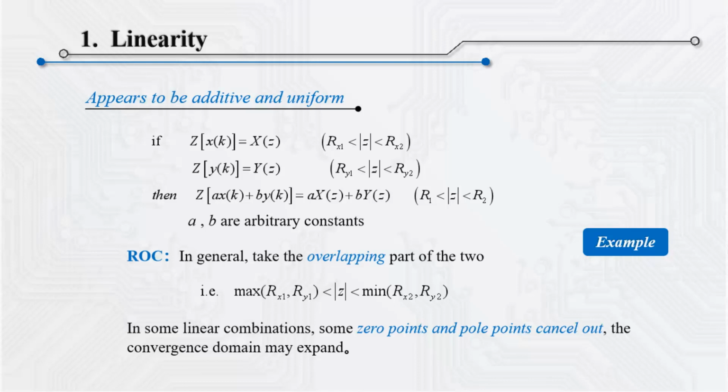But in some cases, in some linear combinations, due to the phenomenon of zero and pole cancellation, the corresponding convergence domain may expand. Let's analyze the corresponding example.